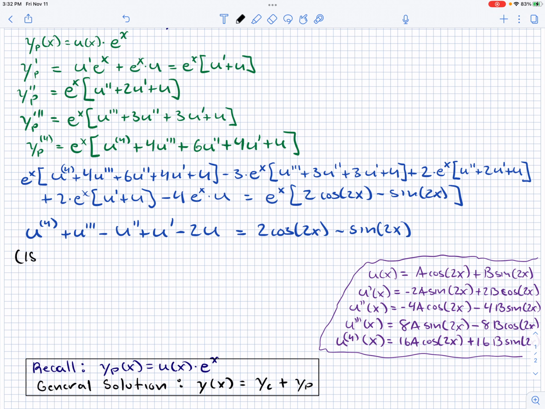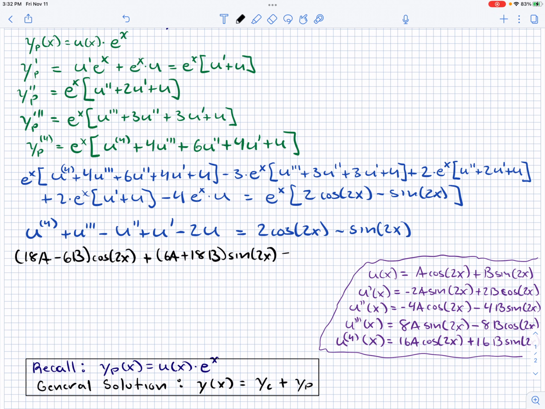is 18a minus 6b cosine of 2x plus 6a plus 18b times sine of 2x.